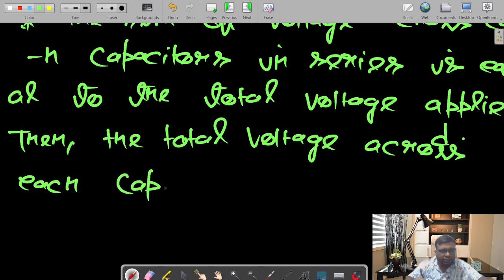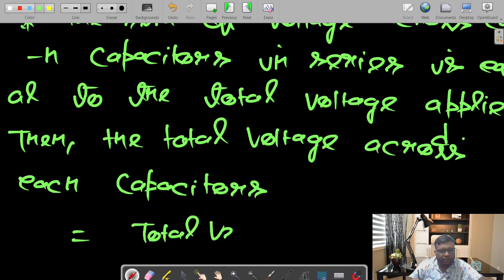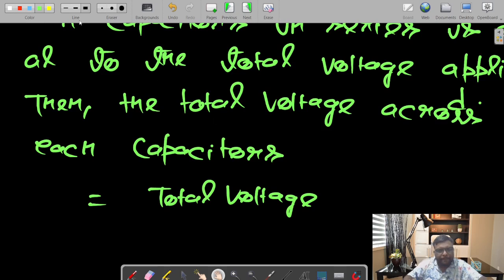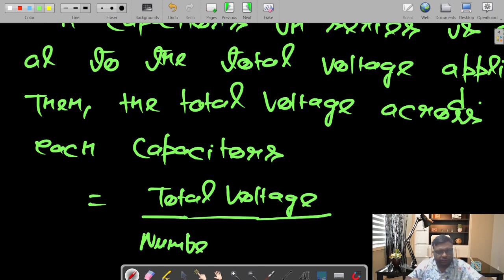The voltage across each capacitor is equal to the total voltage of the power supply divided by the number of capacitors.